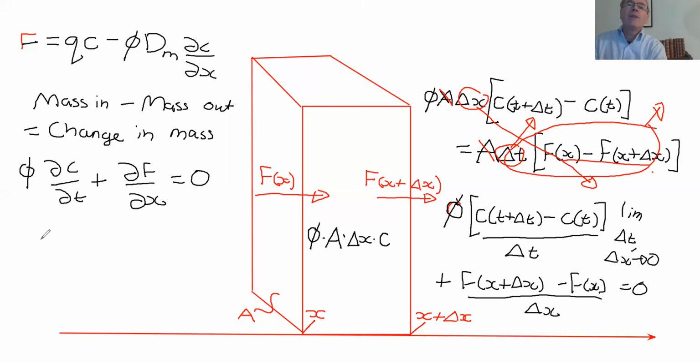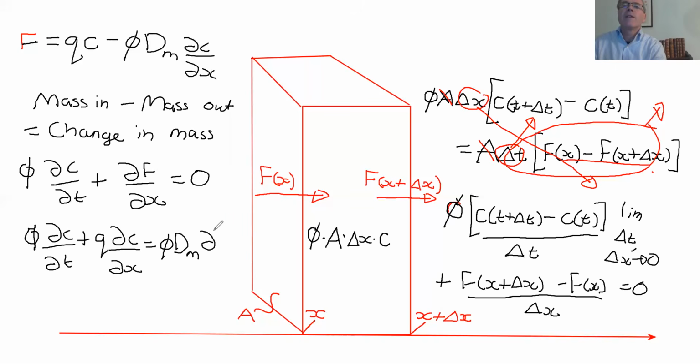And so the equation becomes phi dc by dt, that's fine, plus Q comes out of the derivative. I've got a dc by dx. Then we got a minus term, but I put it over the other side of the equation, right? I assume that phi and dm are also fixed in space, and then I get this equation here, okay?